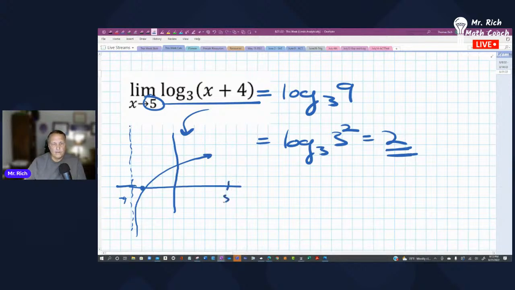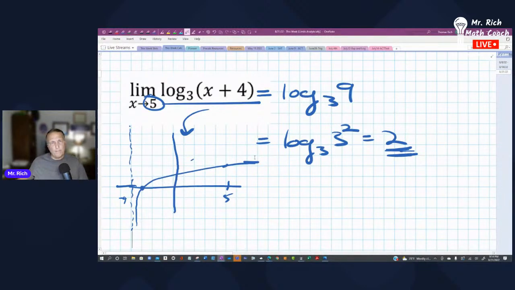So over here at 5, our answer here is 2. So it's coming up to a 2, making a sharper curve here and coming up through y equals 2.